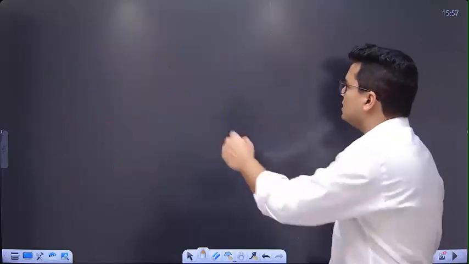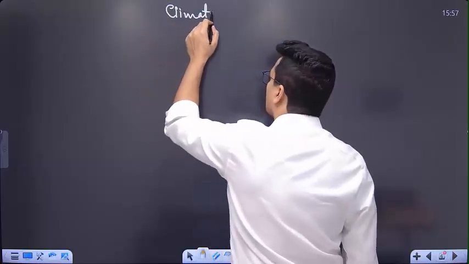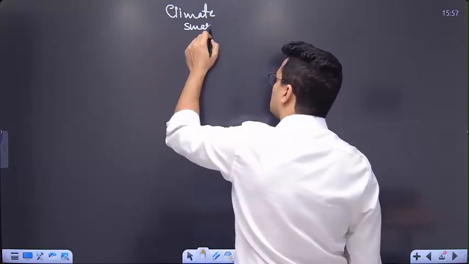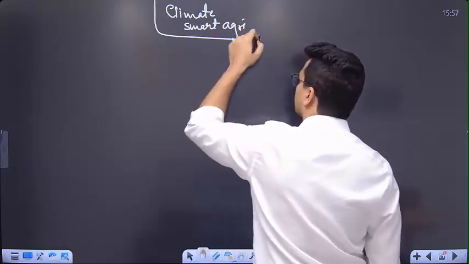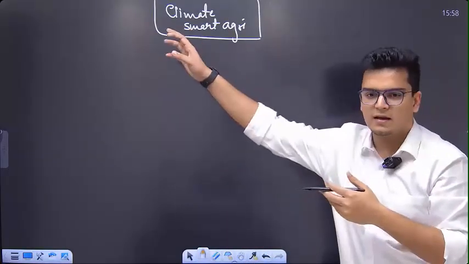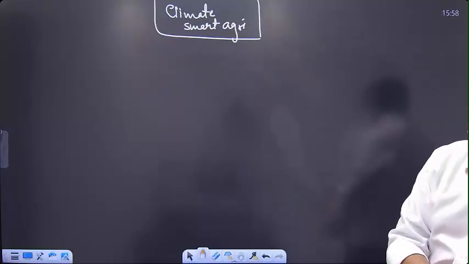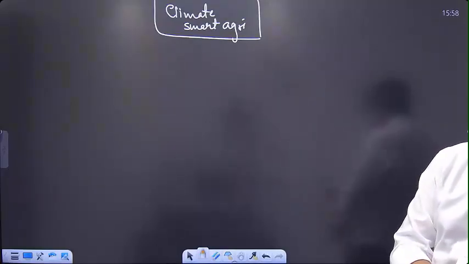Firstly, we have to understand climate smart agriculture. Now, if we look at climate smart agriculture, second green revolution or evergreen revolution, we have to understand a few things. Firstly, agriculture and climate change are linked to each other.